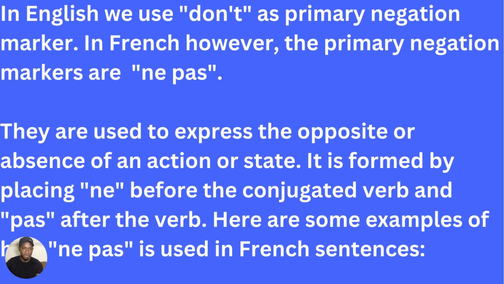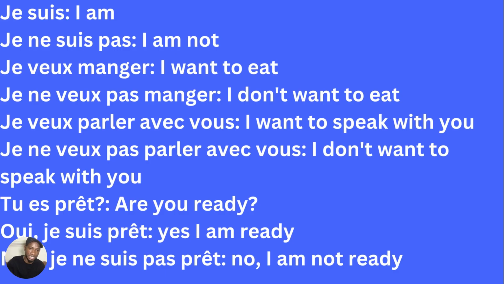It is formed by placing ne before the conjugated verb and pas after the verb. We're going to look at some examples, but what we are pretty much saying is that the first verb in the sentence, the conjugated verb, comes in between the ne and the pas to form a negative.